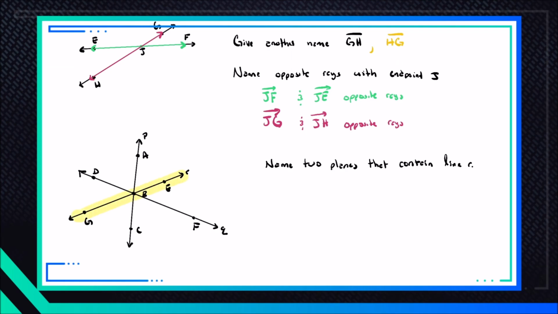So we need everything to exist on the same plane. Let's go up to here to D, over back to line R, and then out to line Q. So these two lines that intersect right there are going to form one plane. So now we just need to name three letters on that plane. So we could say plane, let's do D, E, and G.